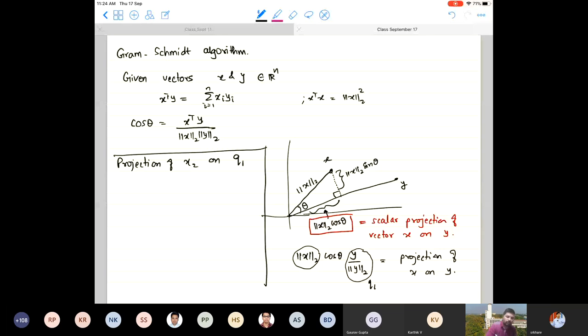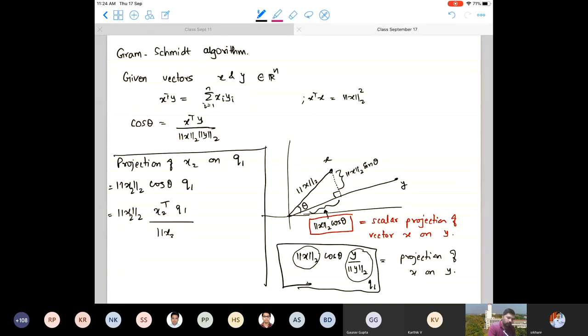For cos theta I can write x2 transpose q1 divided by norm of x2 into norm of q1, which is 1 anyway, into q1. So the norm of x2 cancels and I am left with x2 transpose q1 into q1.